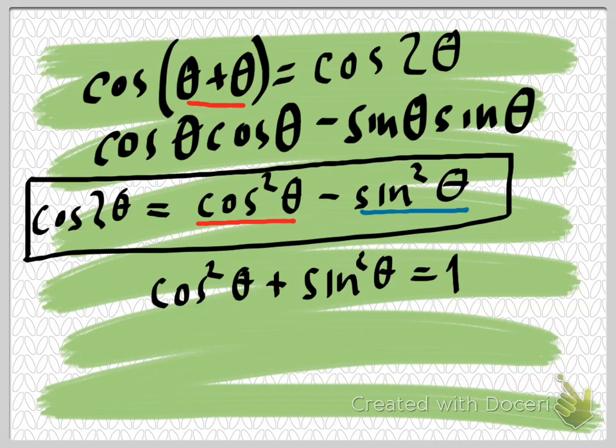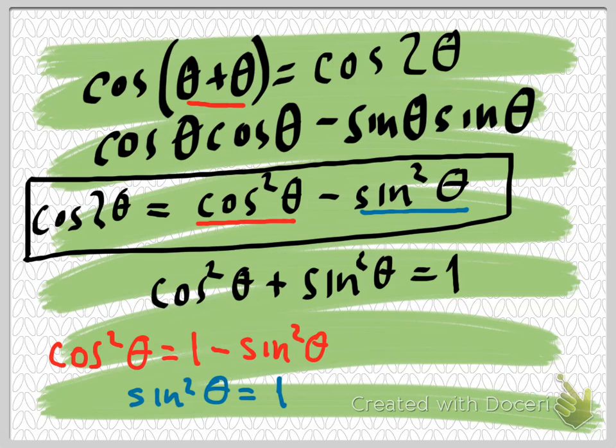Cosine squared theta is equal to 1 minus sine squared theta, and sine squared theta is equal to 1 minus cosine squared theta. These two values give us possibilities for changing this double angle formula. Let me write those out on the next screen.